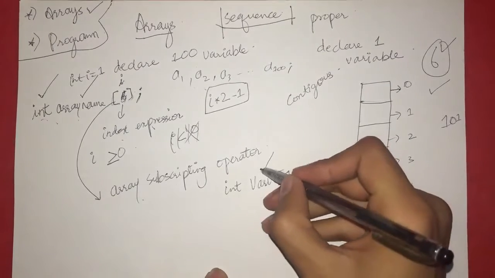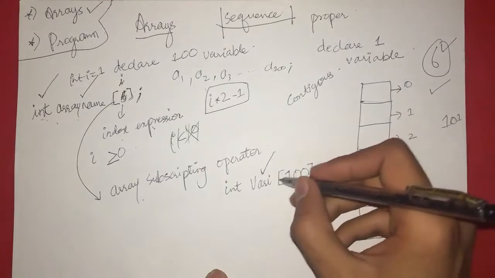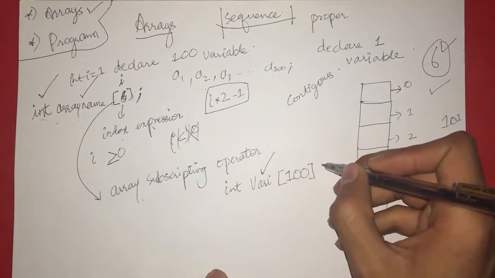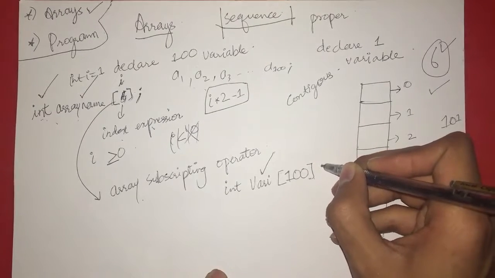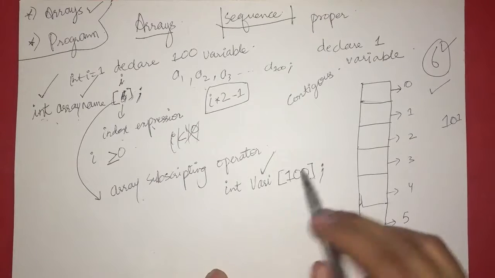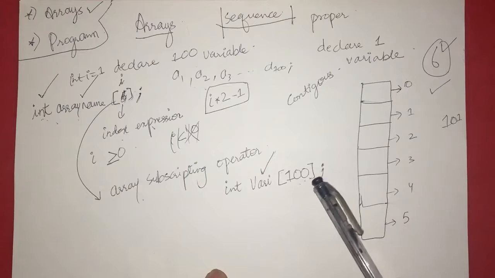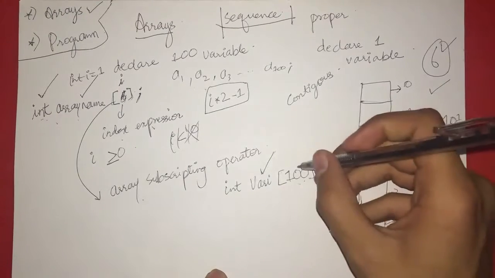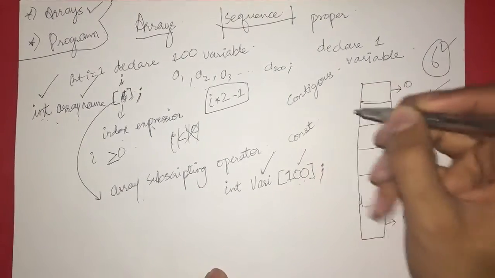This way it's quite easy to declare int var_i. First you have to know how many locations you want, because you cannot change this index expression number while the program is running. So you cannot change the array length. It has got to be a constant for now.